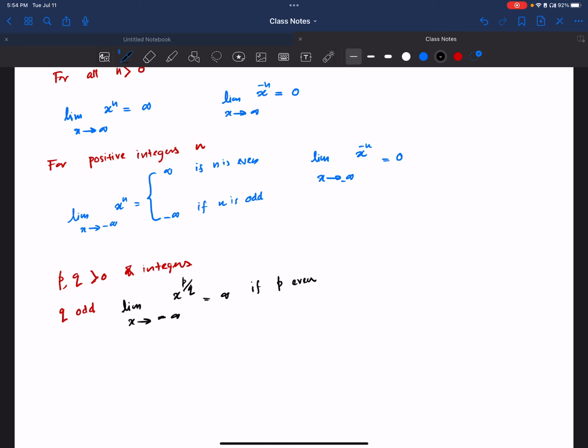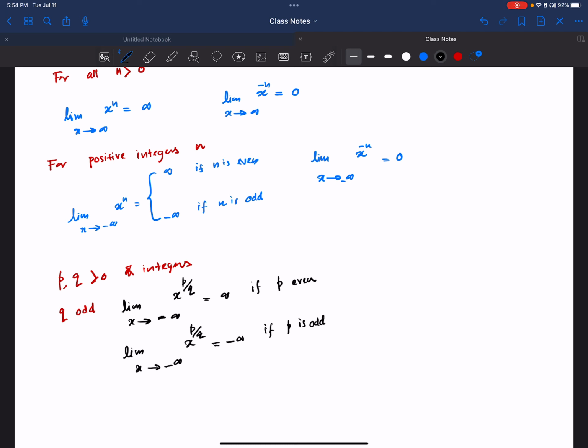And the limit as x goes to negative infinity of x to the power p over q goes to negative infinity if p is odd.